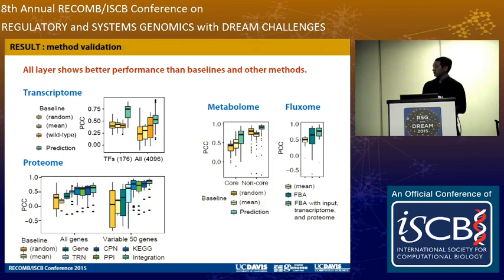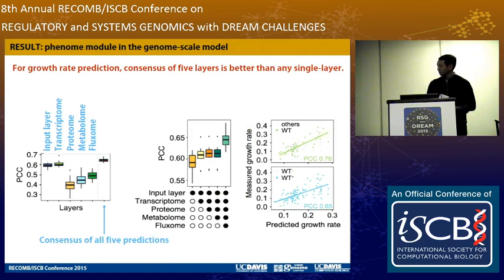And for the proteome layer, we were able to see that the performance based on the consensus of 4 different methods was better than any single method, as well as the 2 different baselines. And this observation was also present in the other layers, for example, metabolome and fluxome, when we compare to the other methods and baselines. And for the final layer, the phenome layer, we mainly focus on growth rate prediction.